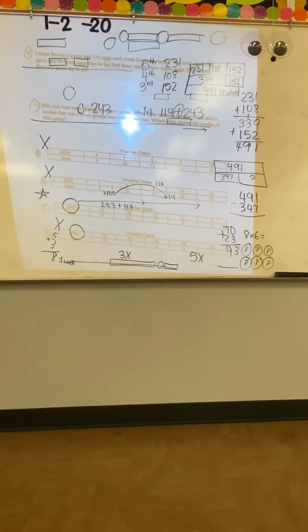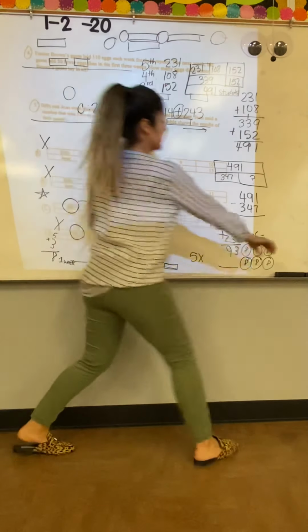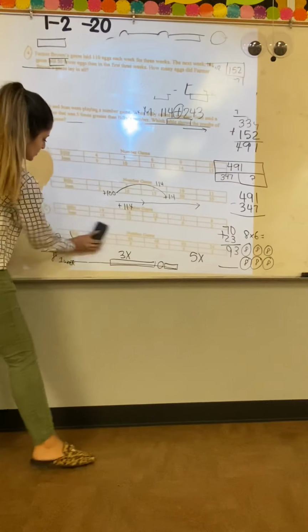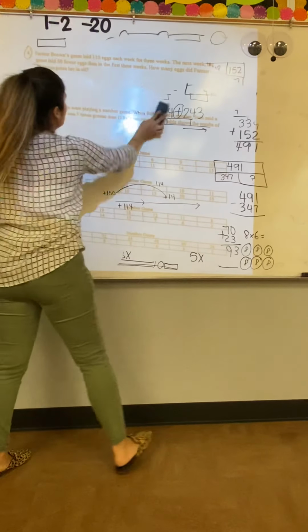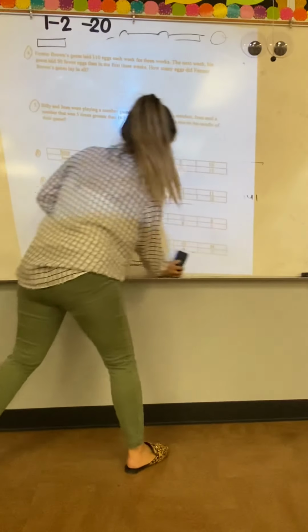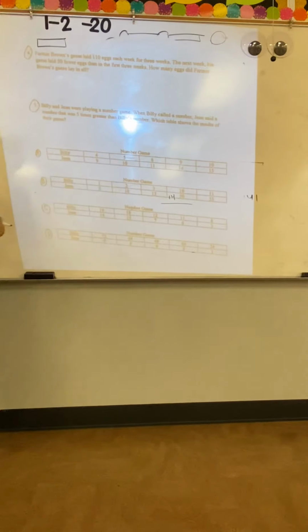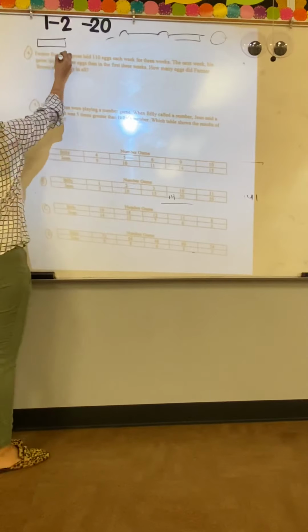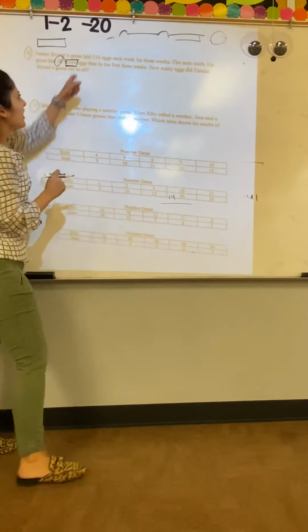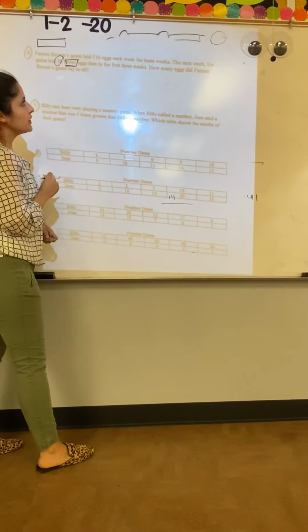All right, so Farmer Brown's geese laid 110 eggs each week for 3 weeks. So every week laid 110 eggs. The next week, his geese laid 50 fewer, 50 less, a smaller amount than he did in the first 3 weeks.